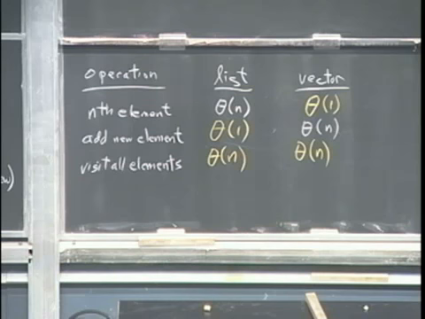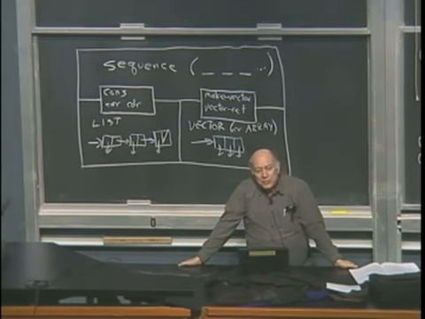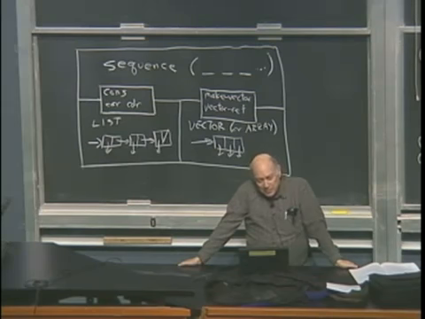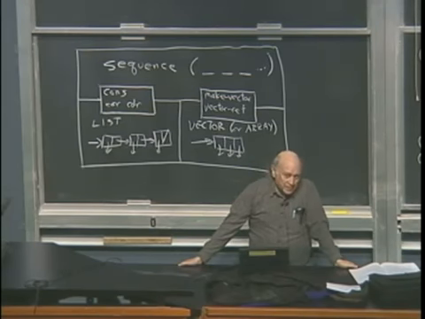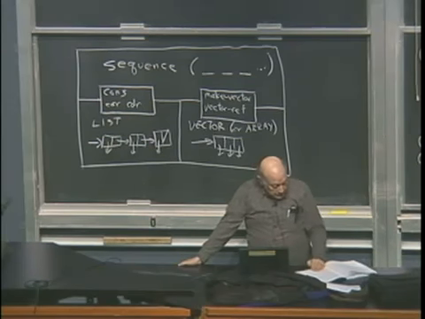The only right way to do it is right to left, because for each element, you're going to say cons this element onto the list I already have. And so the one that you cons on last in time is going to end up being the first element of the list. So you should start with the last element of the vector and work your way down to the first element of the vector. Okay, good.